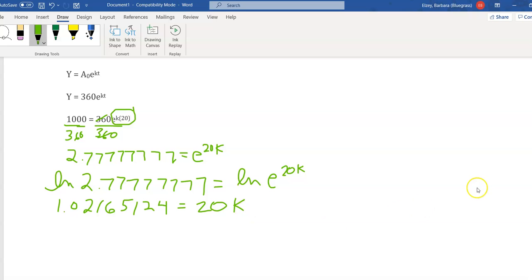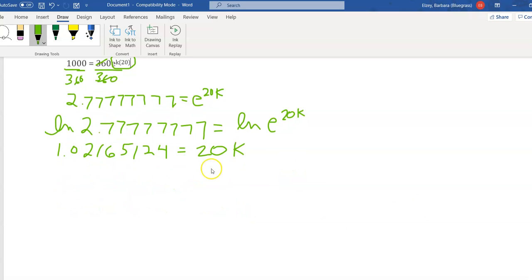And then let's finish solving for k. Let's divide out the 20. And we will get k is whatever this is, and I will go ahead and round this to 6 decimal places. And that will be 0.051083.